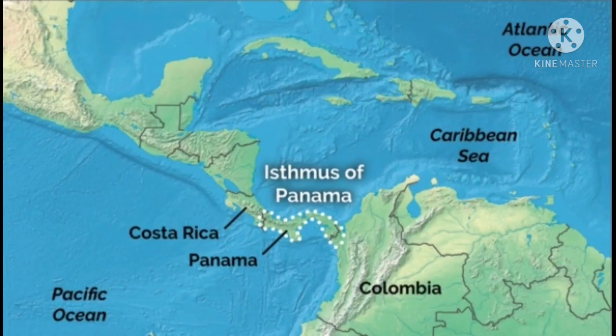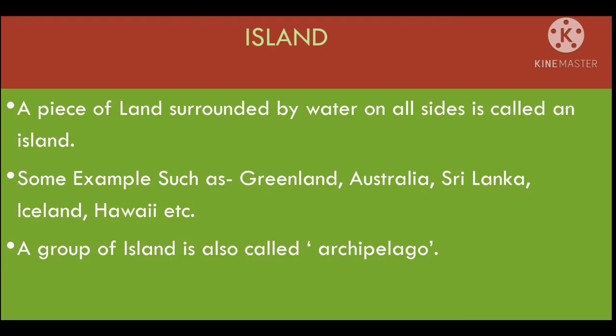Let us understand the next concept, that is islands. What are islands? An island is a piece of land which is surrounded by water on all sides. Any piece of land that is surrounded by water on all sides is generally considered an island.